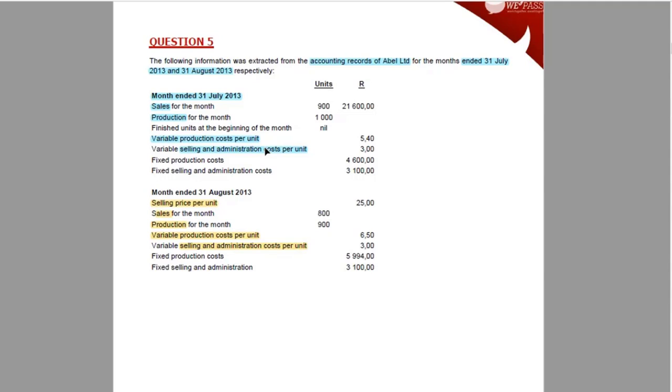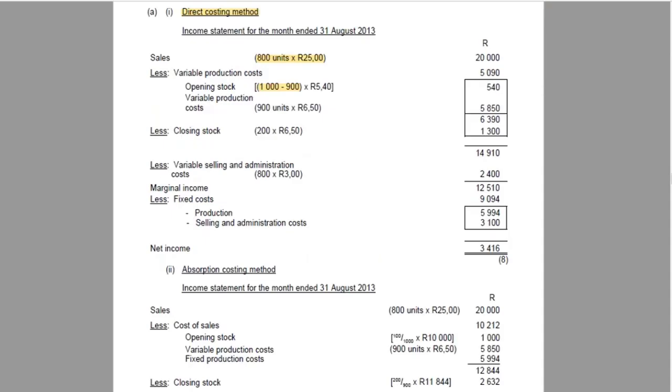So that means that even the cost, they need to be linked to the previous period, not this month, but the previous one. So you look here, they gave me the information for variable production cost per unit, which is 5 Rand 40. So you multiply the 100 by that, then you get your number. Did anyone have an issue with the opening stock part?